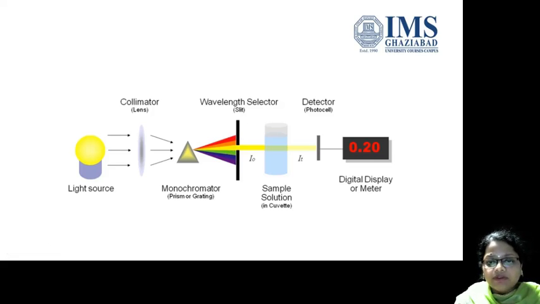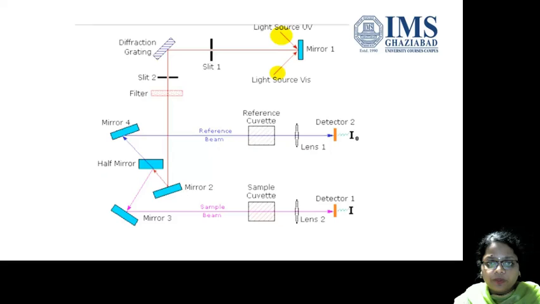This appropriate wavelength is then passed through a sample solution, which absorbs, and again, as I discussed before, this absorption would depend on the concentration of the sample. After passing through this sample, we have the transmitted light, which finally goes to the detector, which gives a digital display of the readings. It can be absorbance or it can be set to transmittance also.